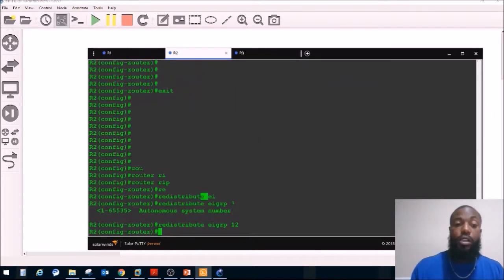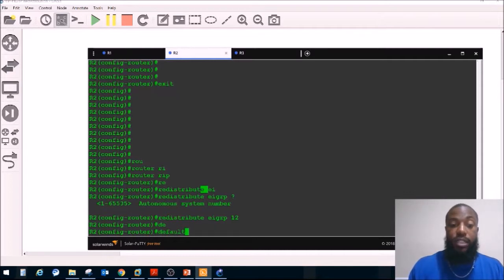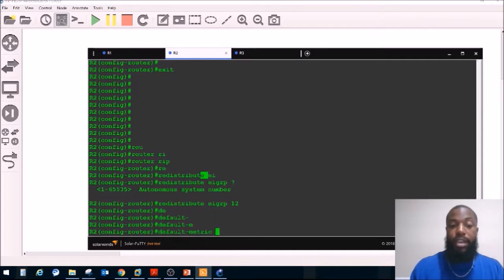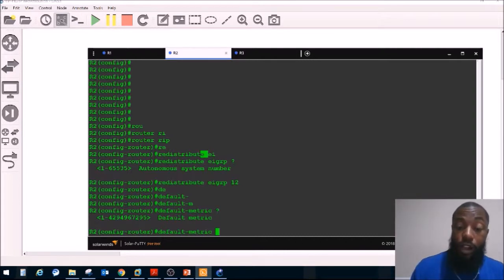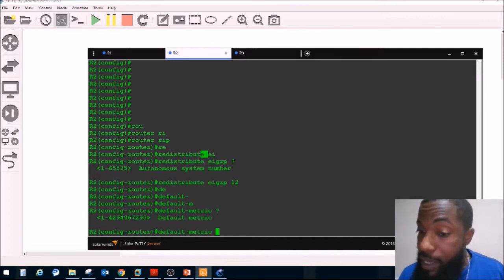So now let's do default metric. We need to define a default metric for EIGRP, but we're in the routing process for RIP, so we need to define the RIP metric. In this case, what's the metric for RIP? Think about that one.